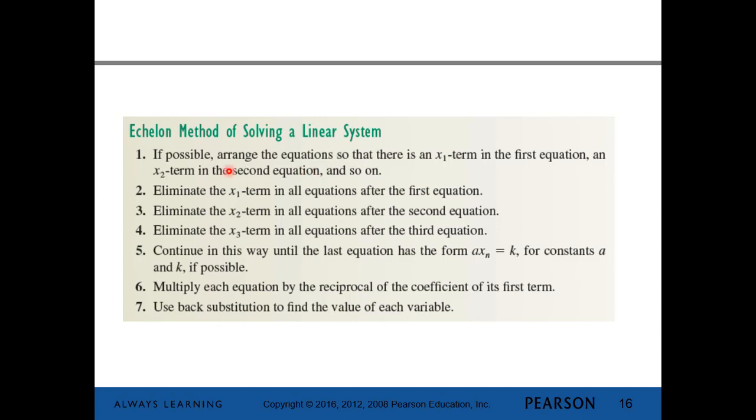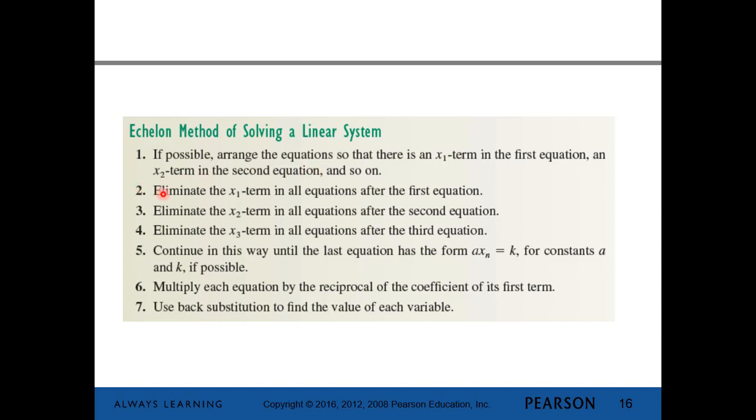In this case, what we want to do is line up all the equations so that there is an x1 term in the first equation, an x2 term in the second equation, x3 in the third equation, and so on and so forth, which means that along the diagonal, we will have a non-zero coefficient. You'll see an example in a moment.